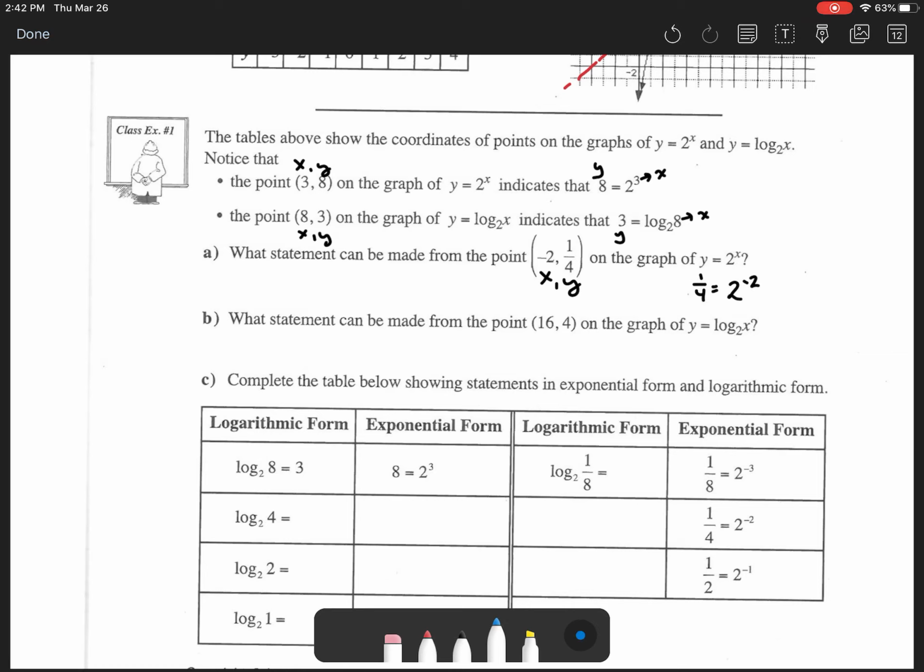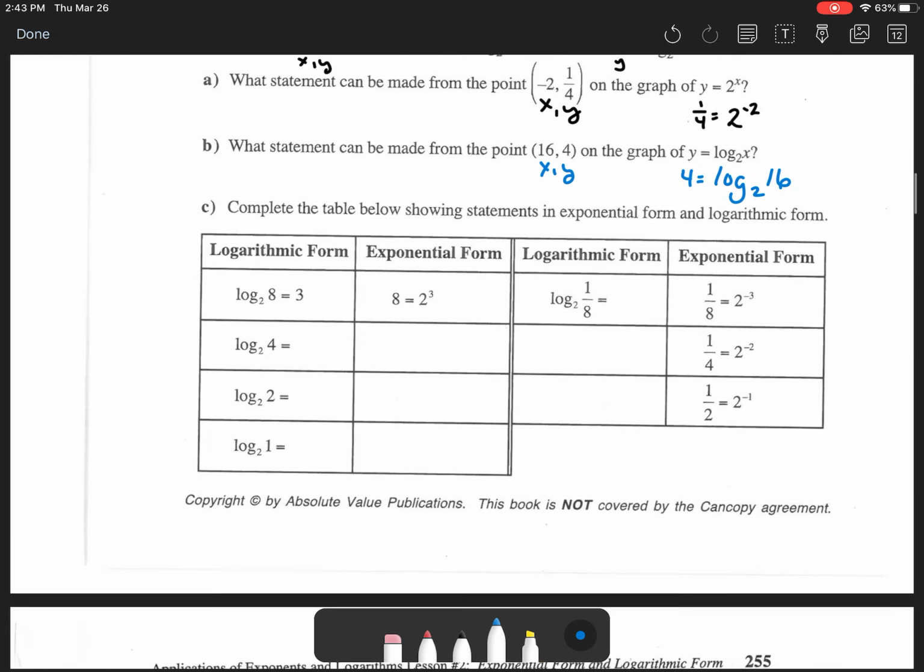And then a very similar idea in the next question. This is an x, and this is a y. So I go into my equation, and for y, I put in 4. And that means it's going to be equal to log base 2 of 16. I just substituted the x and y values into the expressions and the equations, and I'm good.